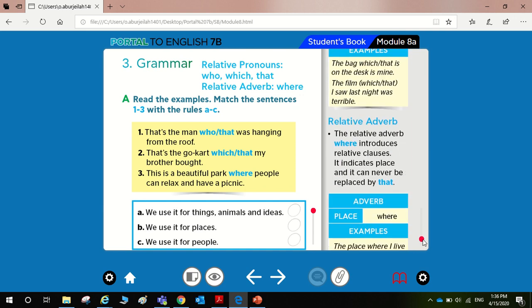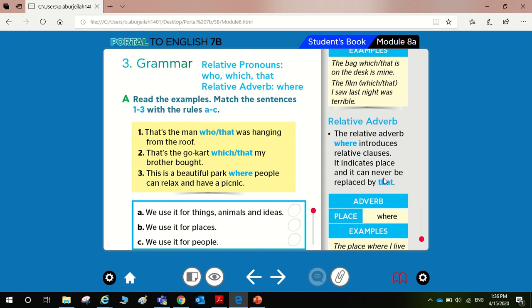Next, the relative adverb, where. The relative adverb where introduces relative clauses. It indicates place. So we use where when we talk about places, and it can never be replaced by that.